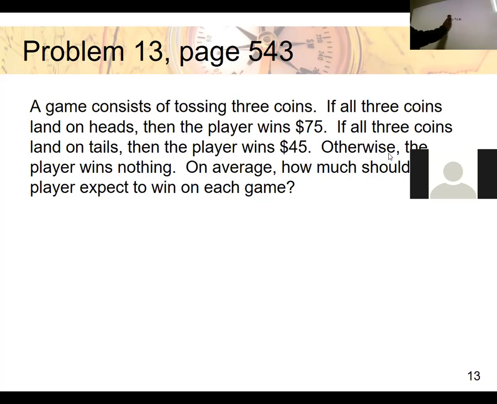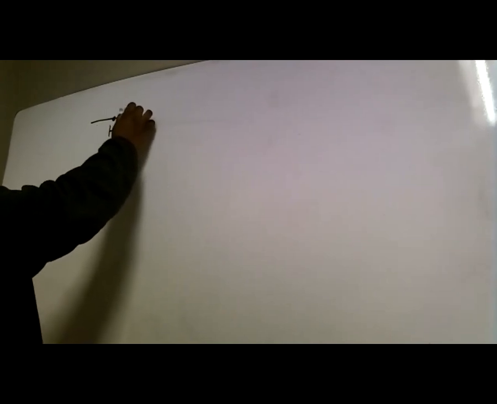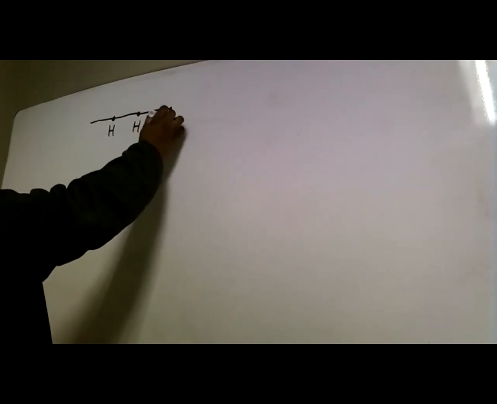Now we're tossing 3 coins. So let's think about this for a moment. If we're tossing 3 coins, the first would be heads, the second would be heads, and the third would be heads.